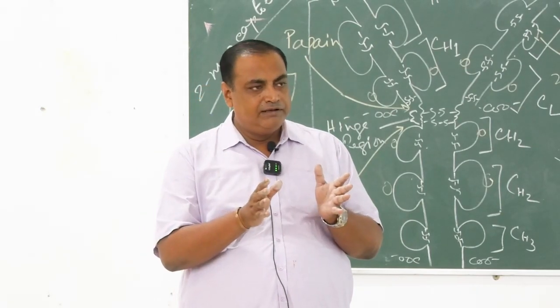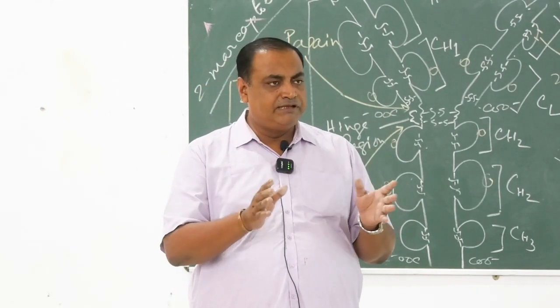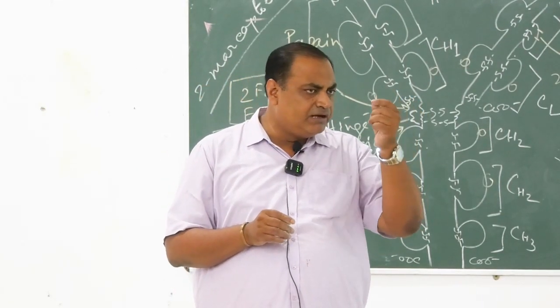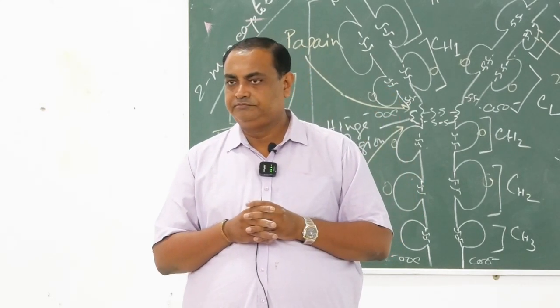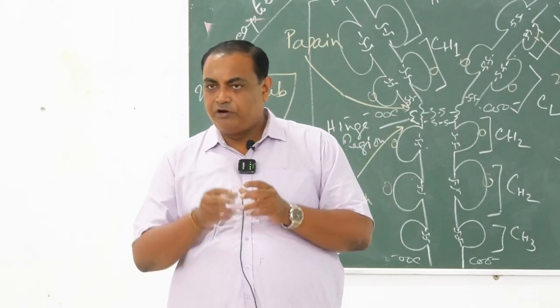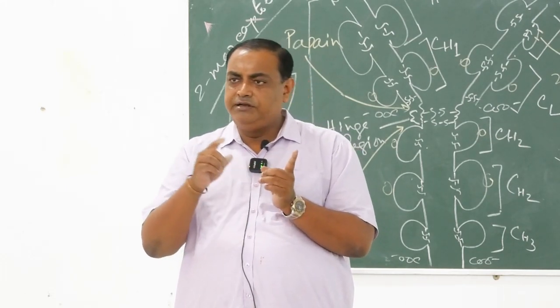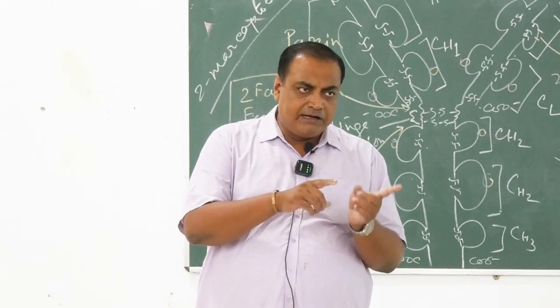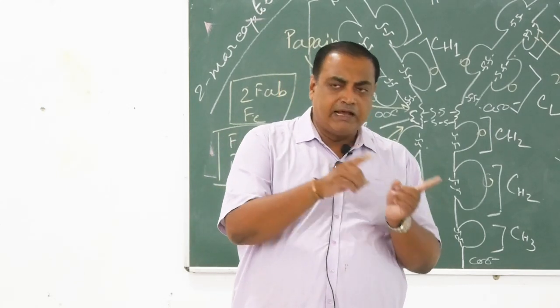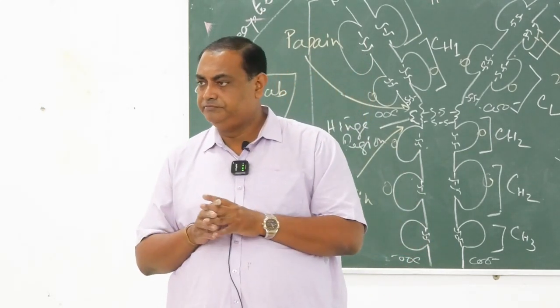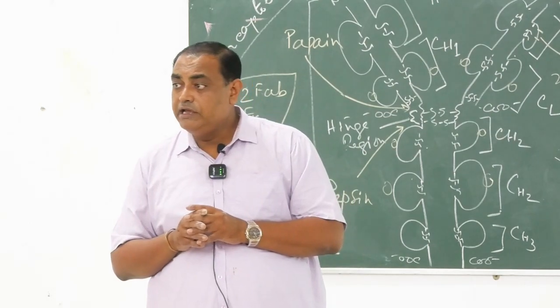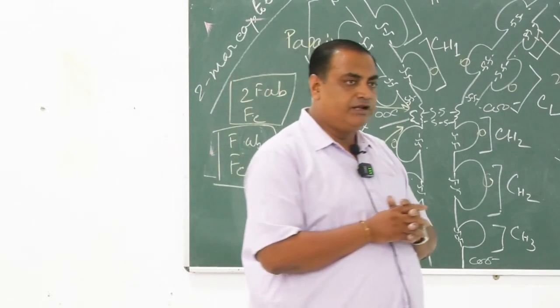Structure-wise everything is the same, only they differ slightly in the hypervariable region. For these small changes, the same antibody class can detect antigen A in one case and antigen B in another. This is called idiotypic type, or idiotype.